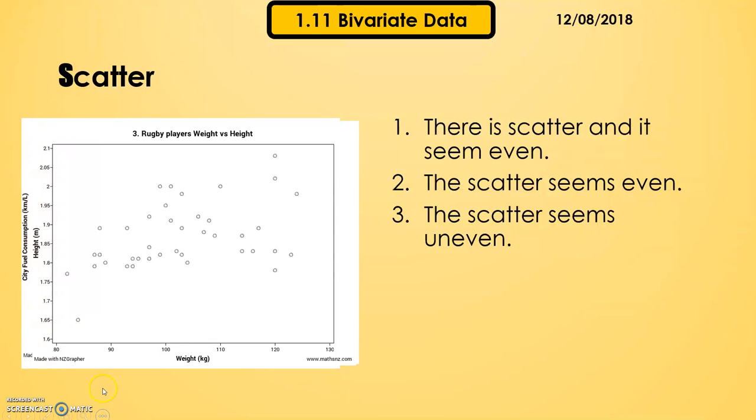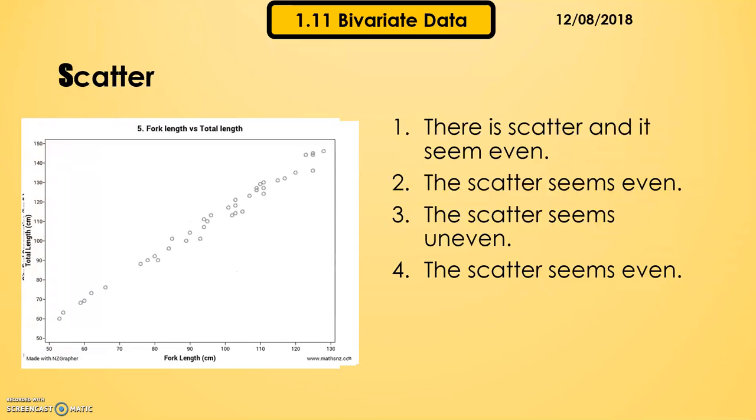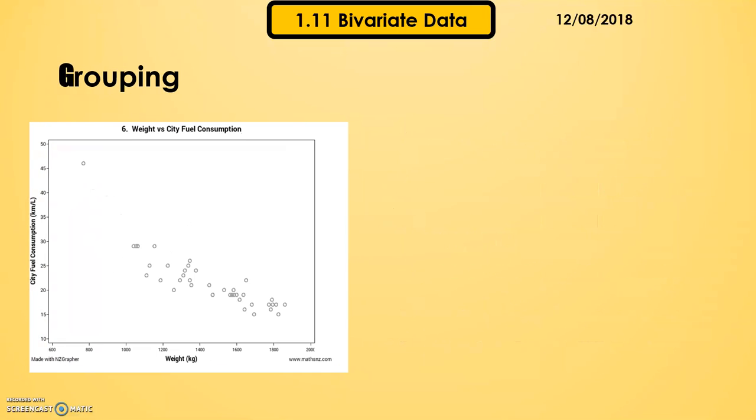You can see it's more tightly packed in this part, and out here it spreads out much further. You can see the marathon times, it's an even scatter. With the shark lengths, it's very little scatter. And obviously in the last one, the data is very scattered as there is no relationship.